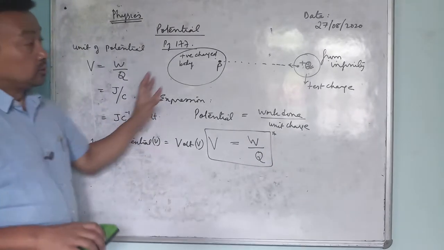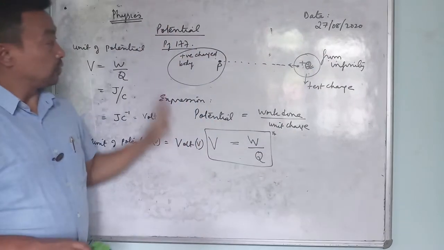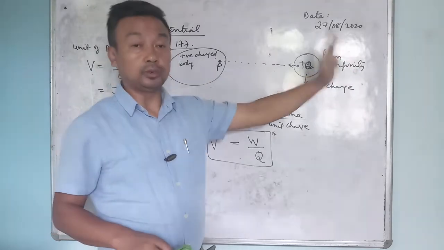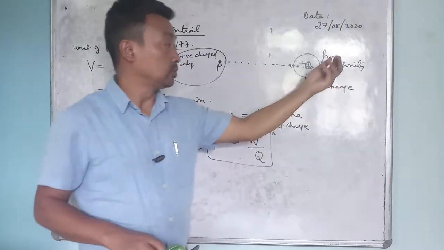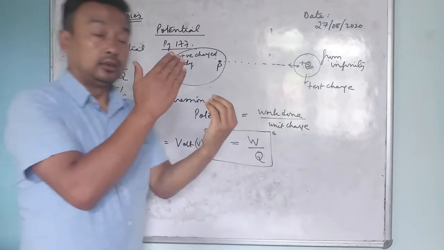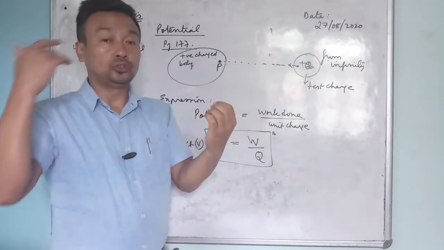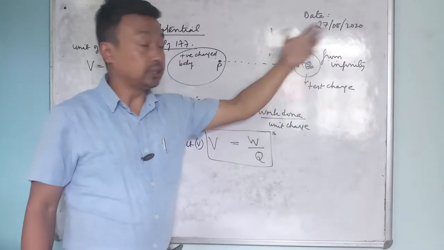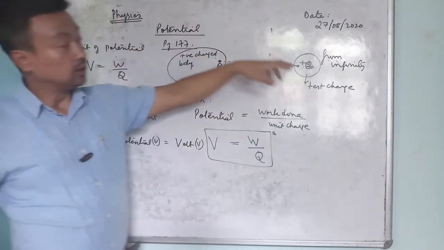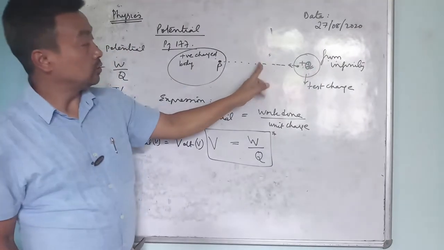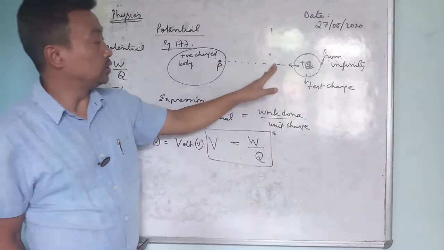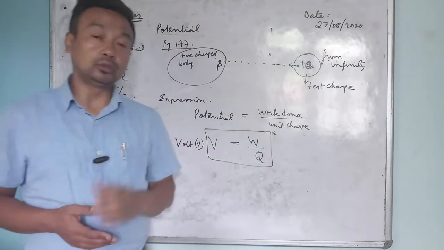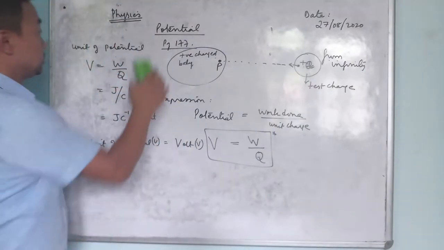Now from here you will get the potential difference. In the case of potential, the point is at infinity. Now if you bring this infinity very close, let us say from point A to point B, then this potential will change into the potential difference. So let us do that also.